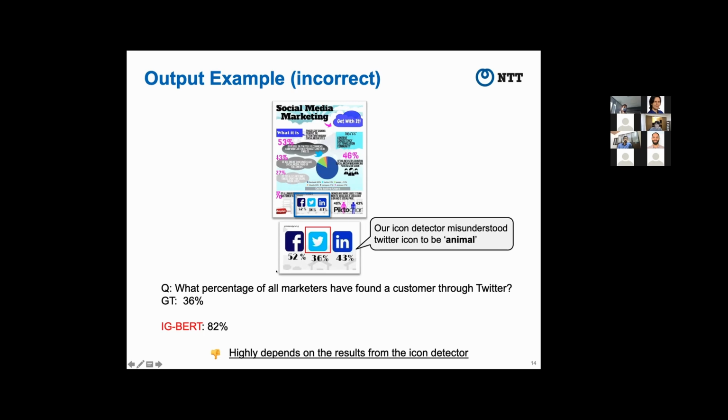In order to understand why our model generated the failed result, we further investigated the result of the icon detection. We found that our icon detector misidentified the Twitter icon as an animal. So further research should be conducted on recognizing more varied icon objects without depending on the result from the visual detector.